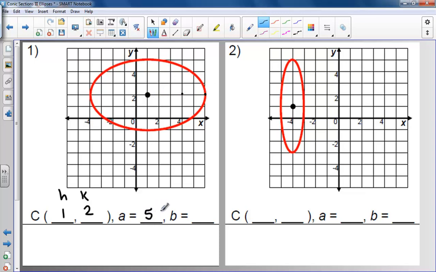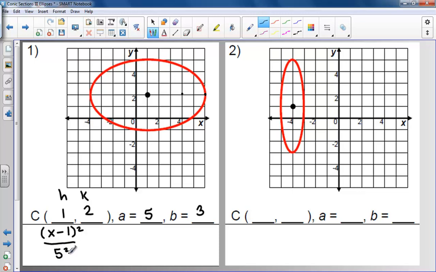So A is 5. And B, you could go up or you can go down, but B is 3 units from the center to the edge vertically. And then we're going to write an equation for this in standard form. So x minus h squared over 5 squared.